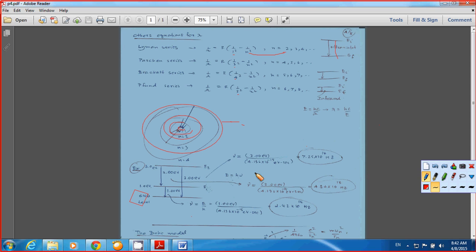And since the energy level is in electron volts, you need to use h in units of electron volt second as well. This just shows you other equations for lambda using different series.